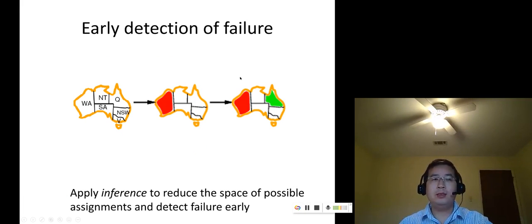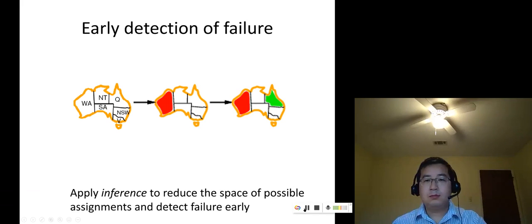So let's look at this one. We call it early detection of failure. We apply inference to reduce the space. So this is the example. In the previous example, we already know we can apply this color rather than another color. Why did we choose green rather than another color?